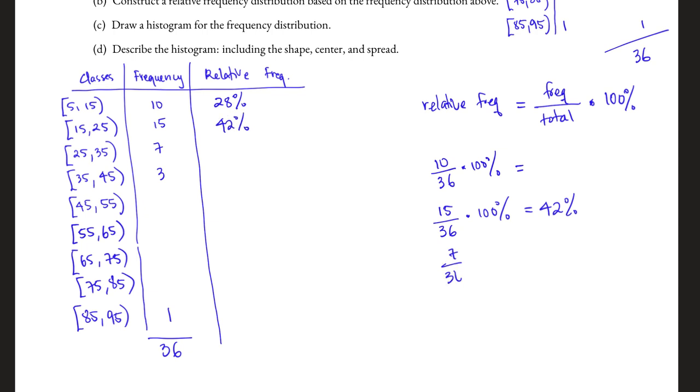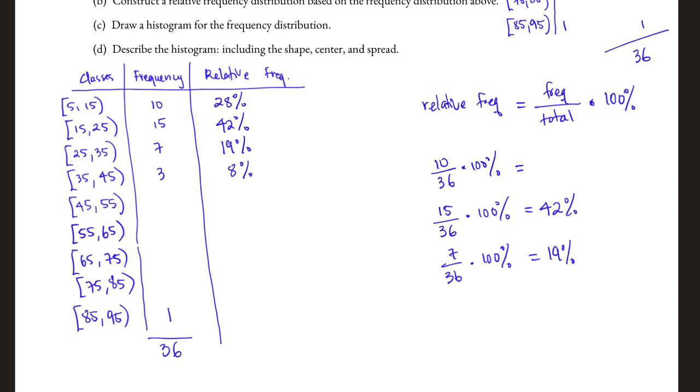7 divided by 36 times 100% is 19%. We rounded it. 3 out of 36 is 8.33%, 8%. And 1 divided by 36 is 0.0277 times 100.